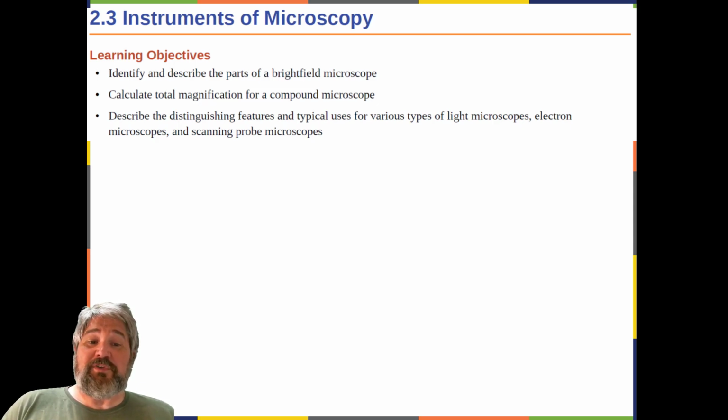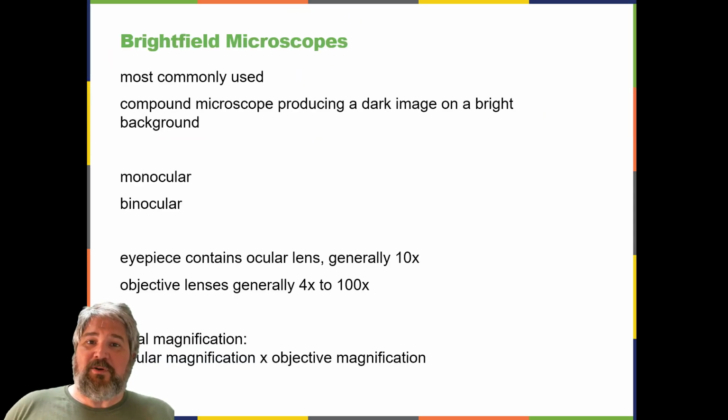In this section, we will survey the broad range of modern microscopic technology and common applications for each type of microscope. Light microscopy. Many types of microscopes fall under the category of light microscopes, which use light to visualize images.